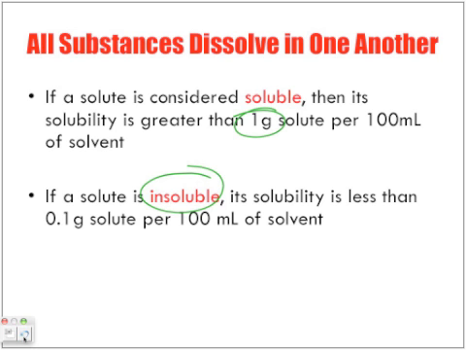The amount is so negligible that it's not even considered. You're looking at 0.1 grams that can be dissolved in a 100 milliliter volume of solvent. It's so little that we consider it insoluble, but technically there is some slight bit of solubility present.